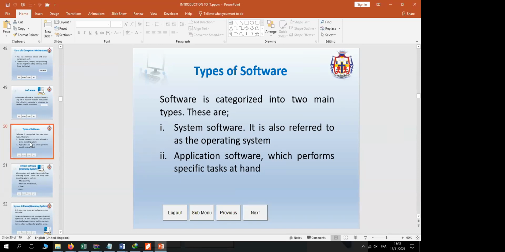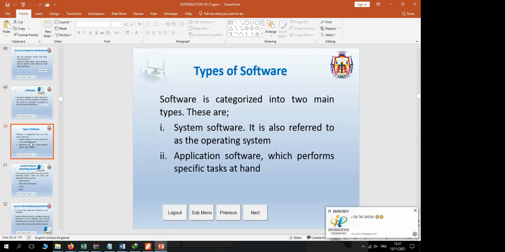Again, we find that people give different flavors or versions of Windows, such as Windows 11, which is the latest and the newest product, such as Windows 10, the one that we've been using for the last, I think, about 8 years. Before Windows 10 came, we had Windows 8.1.